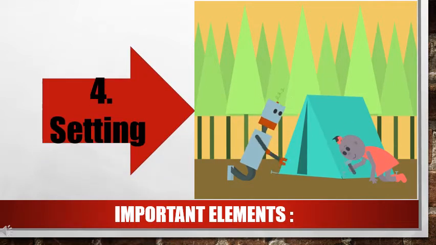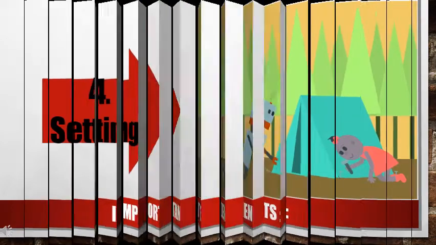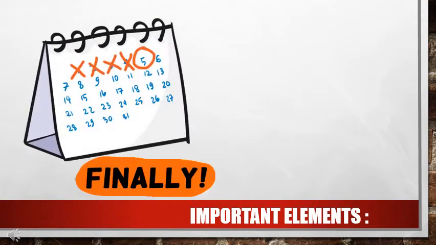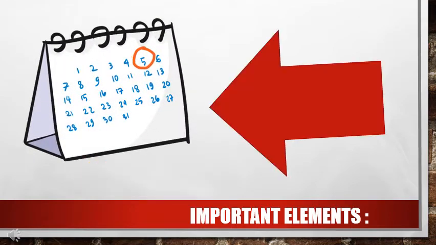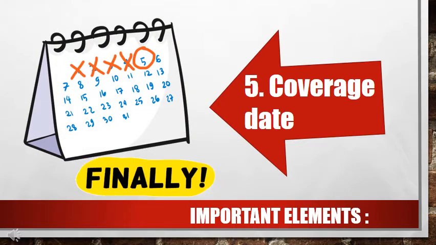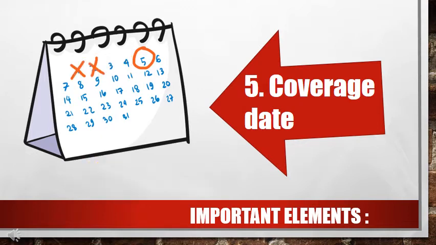Four. Do not forget the specific setting. It is the research locale or environment where your study will be conducted. The fifth one will be the coverage date of the conduct of the study.